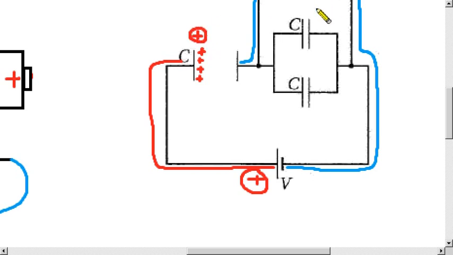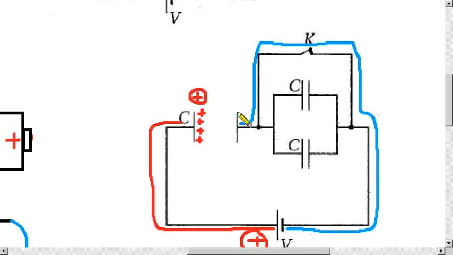The negative wire also is connected to this right side plate through this key, so it is charged negatively like this.